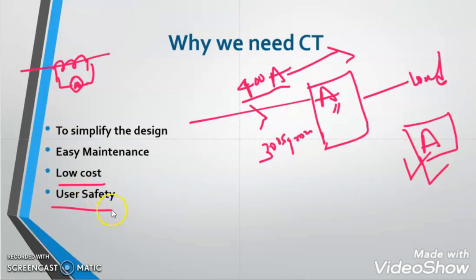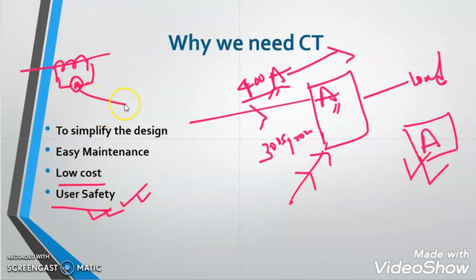The fourth thing is that it is user friendly. The ammeter, relay or voltmeter which is measuring or controlling is under the user's hand. If the user measures current from an ammeter carrying 400 ampere or any other higher current, the risk for the user will be high.